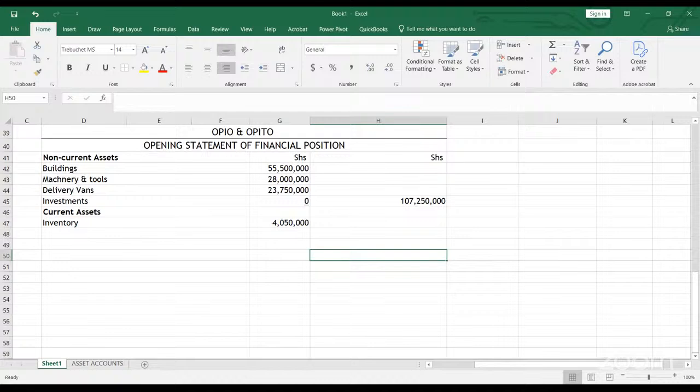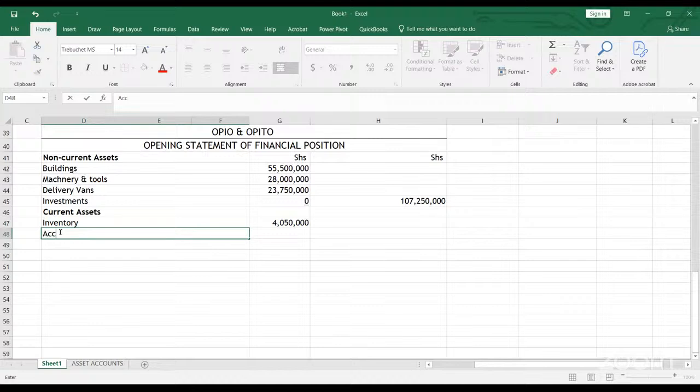What else do we have under the current assets? We have accounts receivable at 2,250,500.